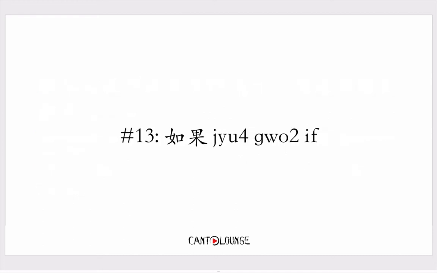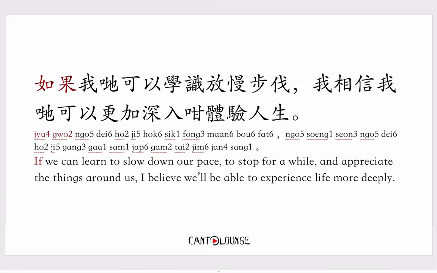Okay, moving on. Number 13, 如果, if, another very important word. For example, again, feeling philosophical for whatever reason and just remarking, if you're in Hong Kong, this is something you might say, because everyone is just fast, efficiency. But what about trying to slow down for a while? If you're frustrated that people just want efficiency and not appreciate the finer things in life, you might say, 如果我哋可以學識放慢步伐，我相信我哋可以更加深入咁體驗人生.